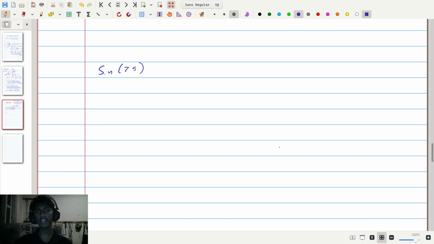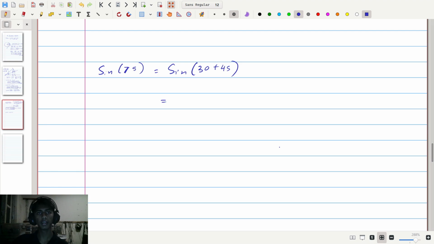We do not directly and easily know the sine of 75, which is why it's a little bit of a difficult thing to do. However, with our new formula, we can simply write that sine of 75 is equal to sine of, we can break the 75 into 30 plus 45.